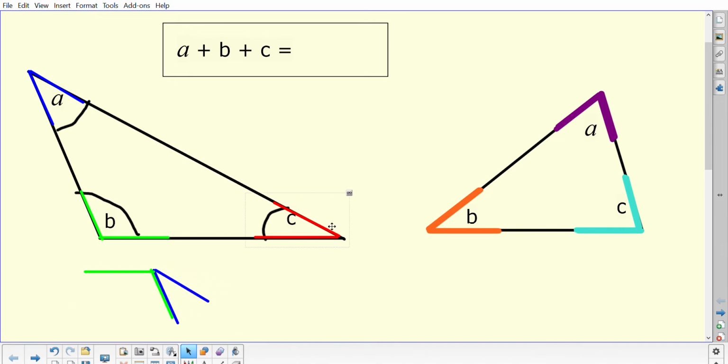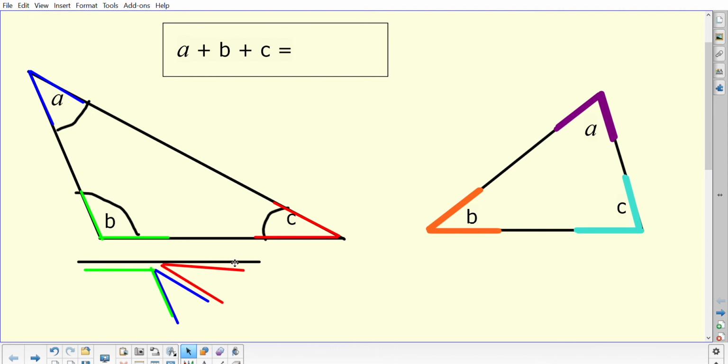What I'd like you to notice is that when we fit them together in this way, you can hopefully see that what we end up with in each case is a straight angle.